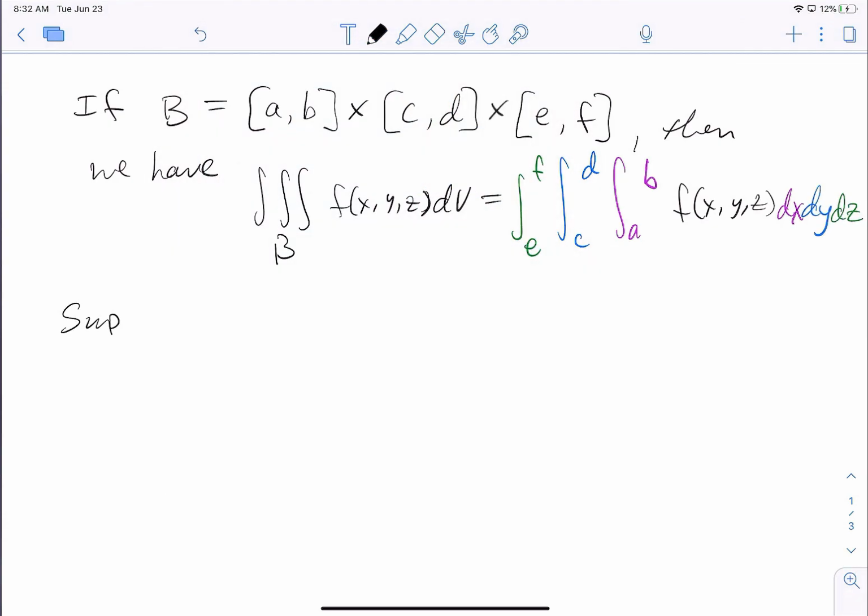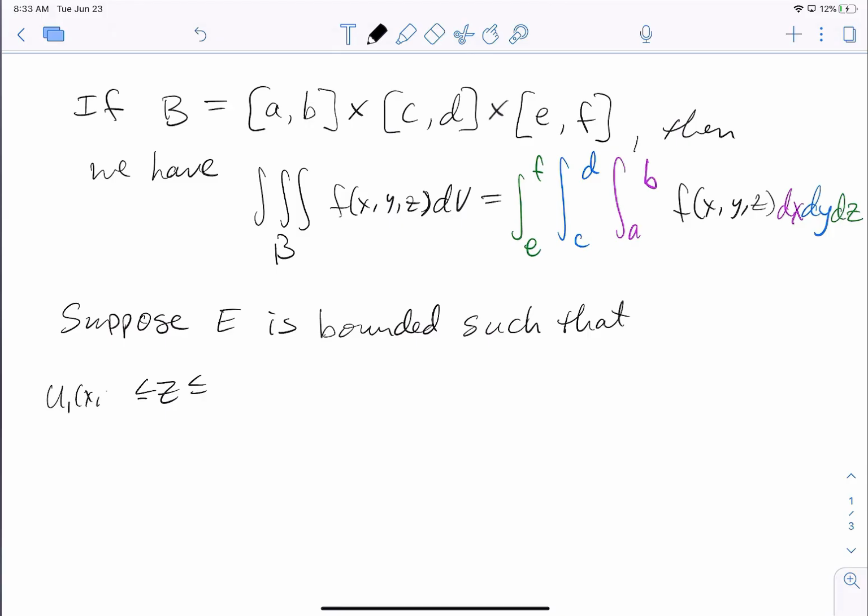Now, suppose that E is bounded such that z is between two functions u1 of x, y and u2 of x, y. y is bounded between two functions h1 of x and h2 of x, and x is between a and b.